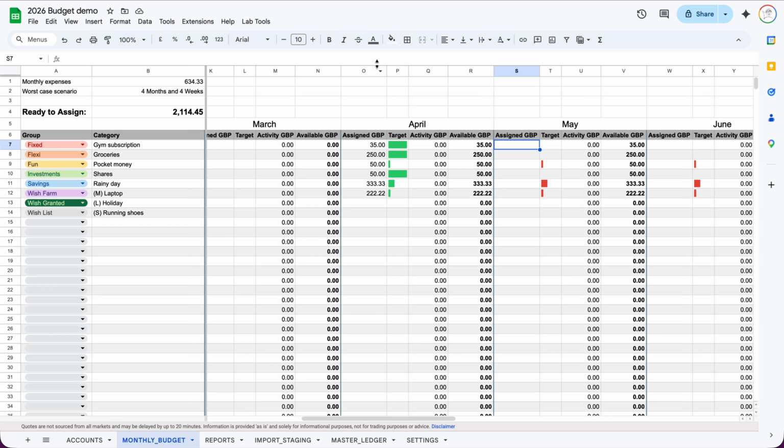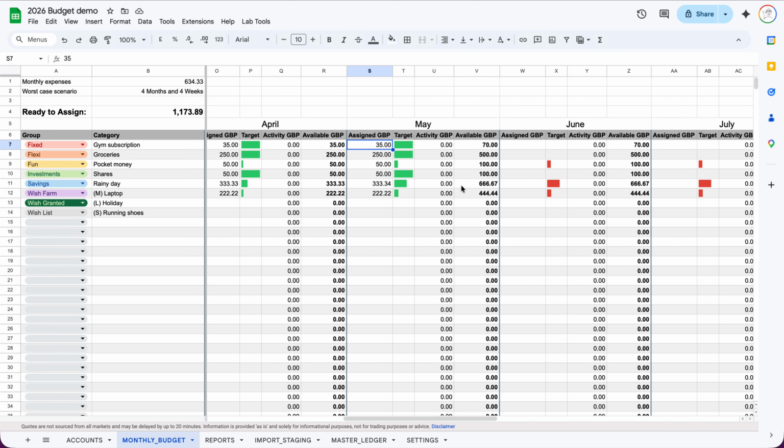So when I do the next month, let's apply underfunded targets again. You can see how the money in that envelope is starting to increase. And obviously, in the next video when we start to add the expenses, we can see the money coming out of the envelope, which is quite exciting.